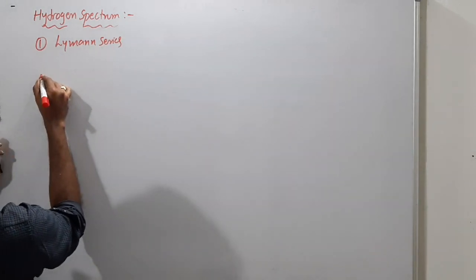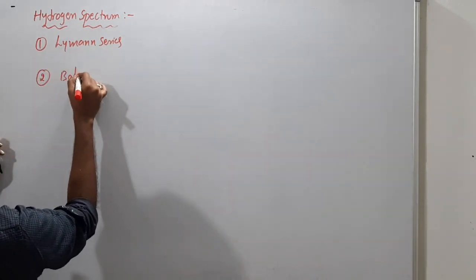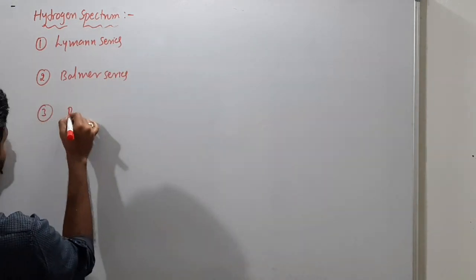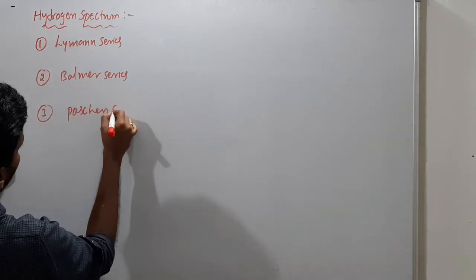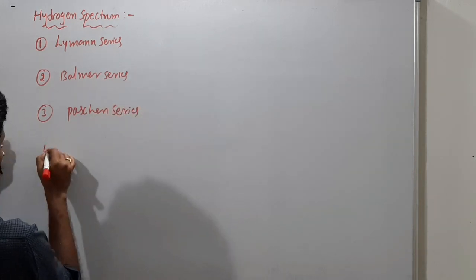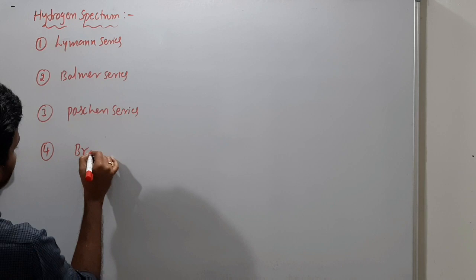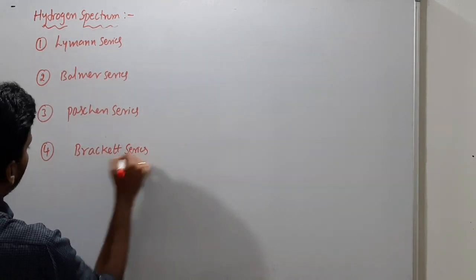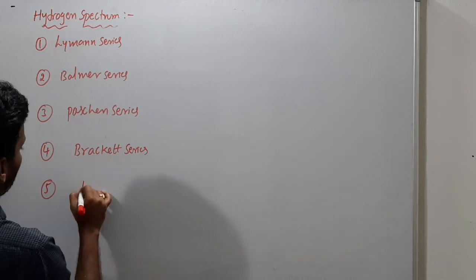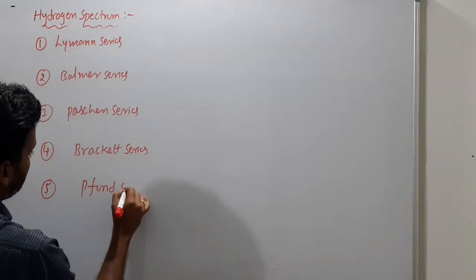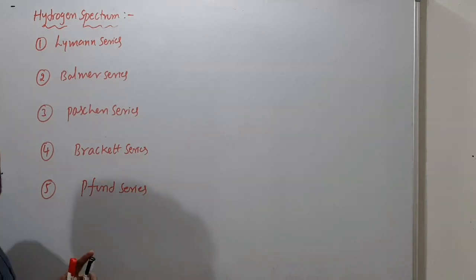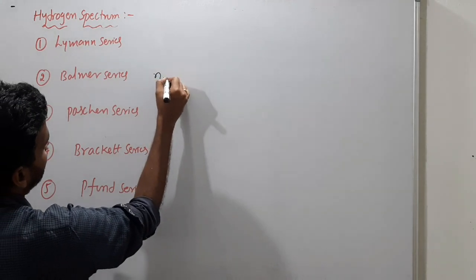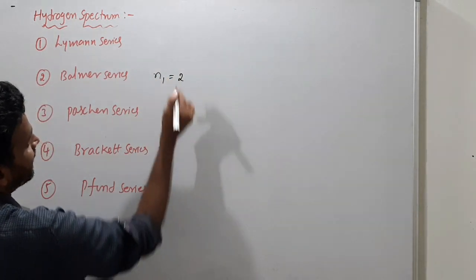Second, what I told you, Balmer. Third is the Paschen series, fourth is the Brackett series, and fifth is the Pfund series.